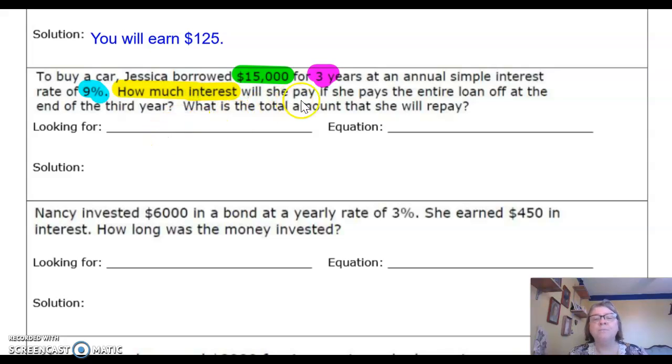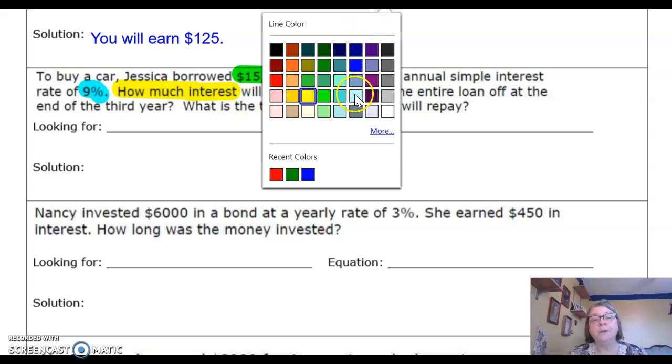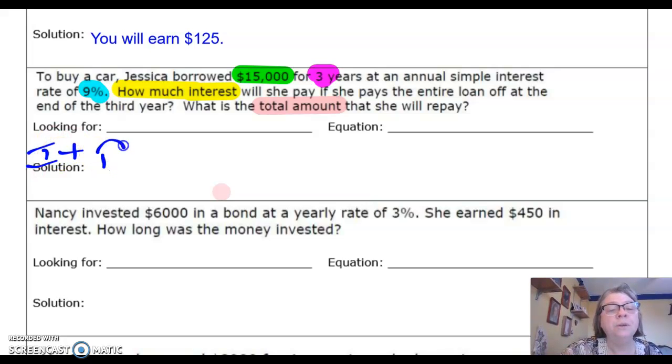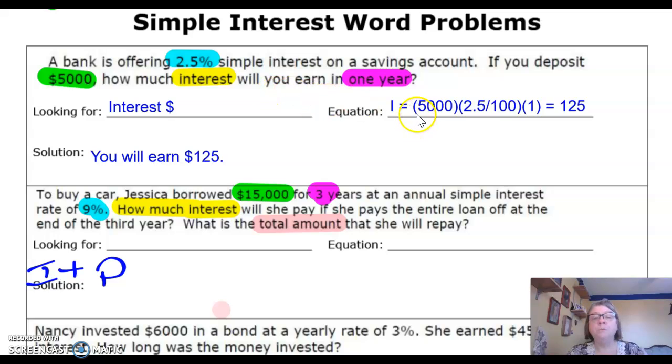All right, so how much interest? That's my first question, but then I'm noticing there's a second question mark, and it asks for the total amount. So I need another color for that. Let's do pink. The total amount we haven't talked about yet. To get the total amount, I'm going to have to take my interest and add that to the principal. Just like on this one up here, she started with 5,000.